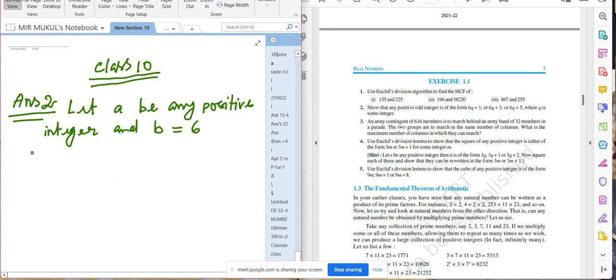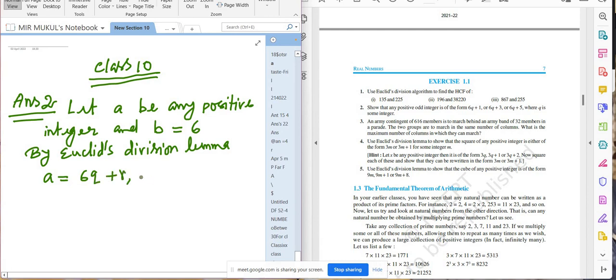Now, by Euclid's division lemma, what can we say? a equals 6q plus r, and r will be greater than or equal to 0 and less than what? 6. Yes, because b we have taken 6.